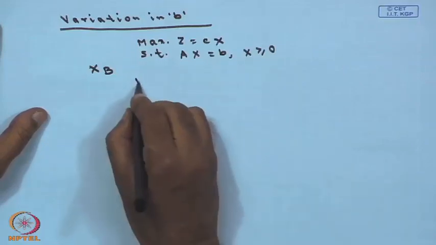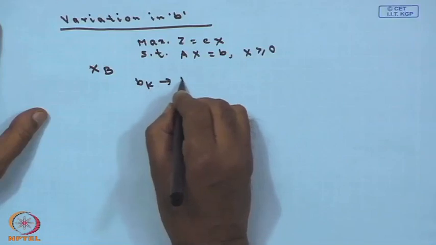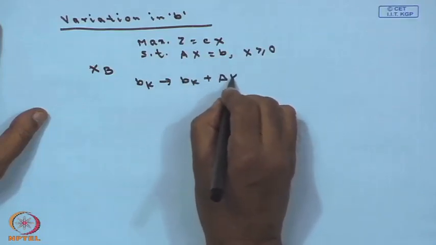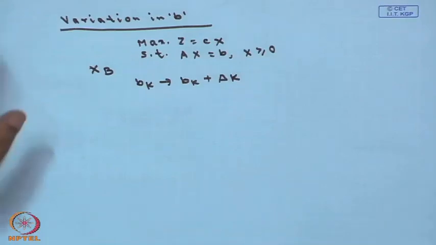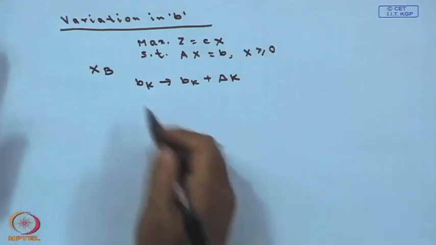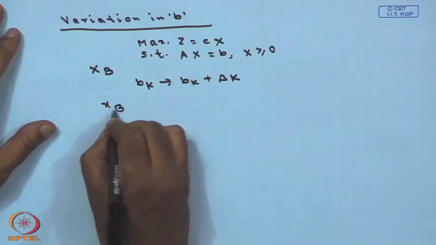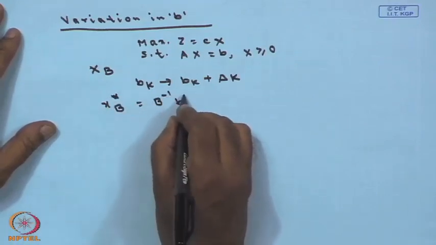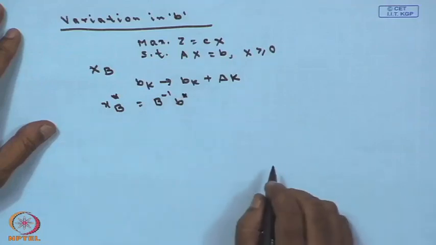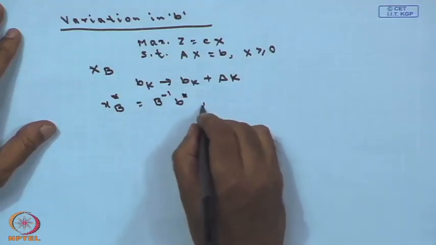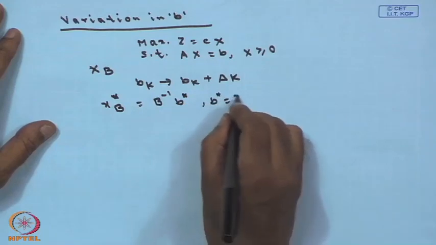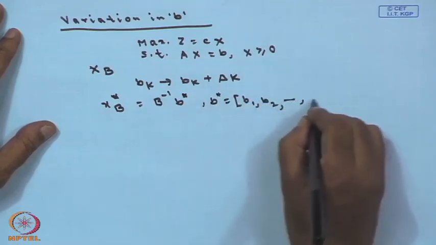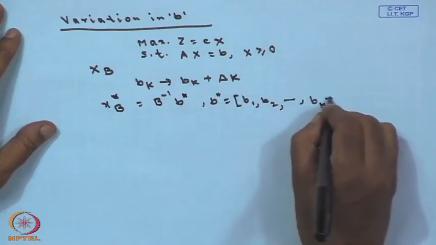Now, say b_k is changed to b_k plus delta b_k. The new basic feasible solution, I will write as x_B star equals B inverse b star, where b star will be b_1, b_2, and so on, and only b_k has been changed.